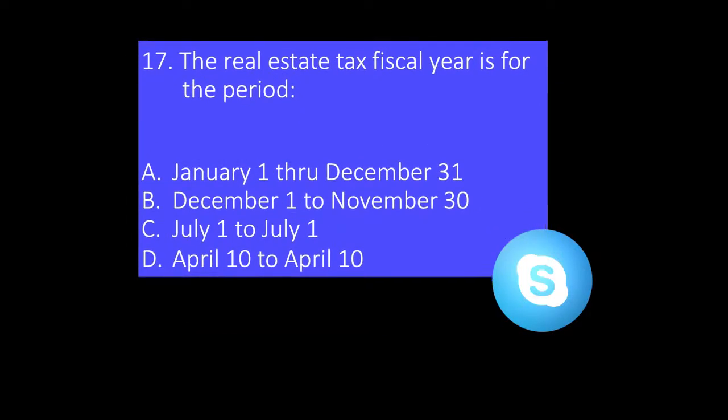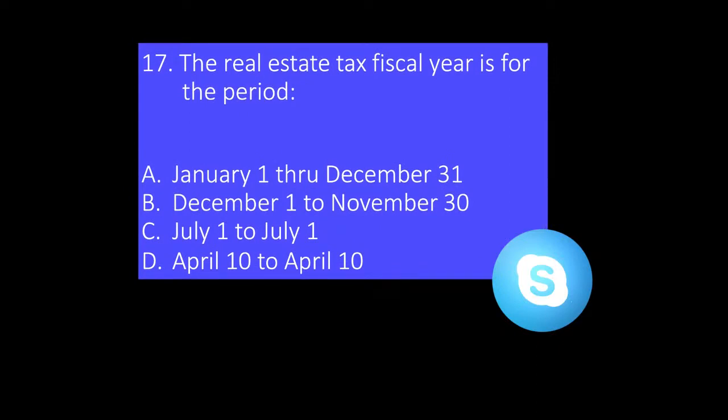There are 4 choices. The real estate, yeah, 4 choices. I know you had to pay during December and April, so it's not January to December. This is a memorized question, so I didn't memorize it.